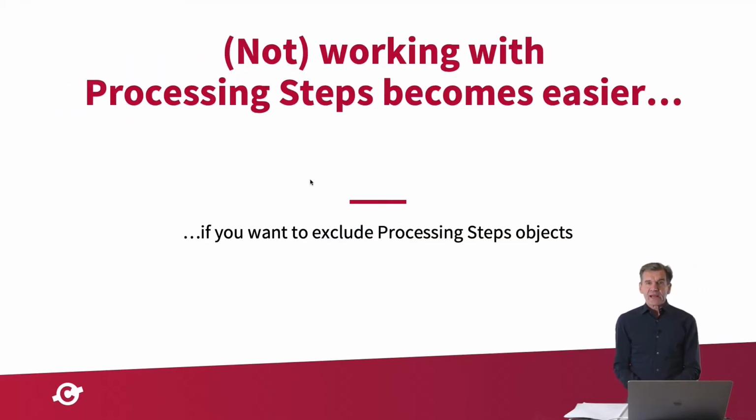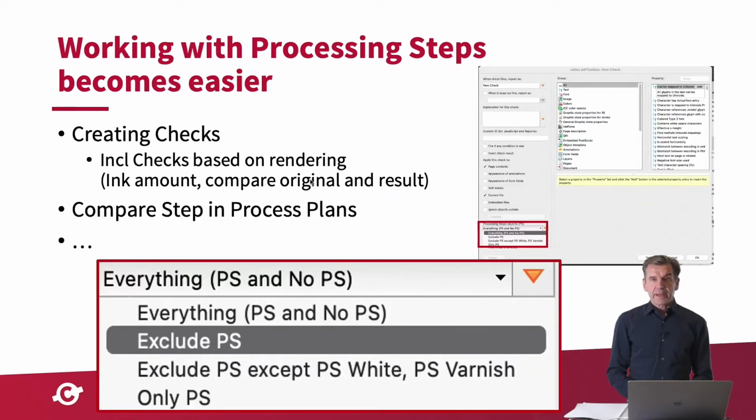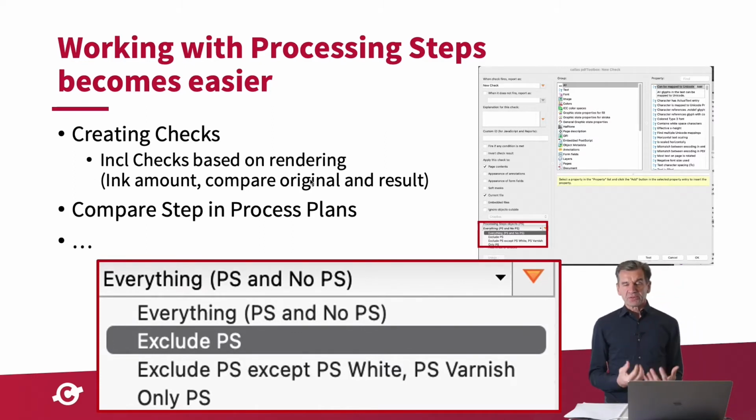Next is related to processing steps. As we've seen yesterday, there are various features in pdfToolbox 13 that are related to processing steps. This one is as well. As you may remember, processing steps is metadata associated with layers, and content on those layers usually is related to processing of the PDF file that is not the actual print process.